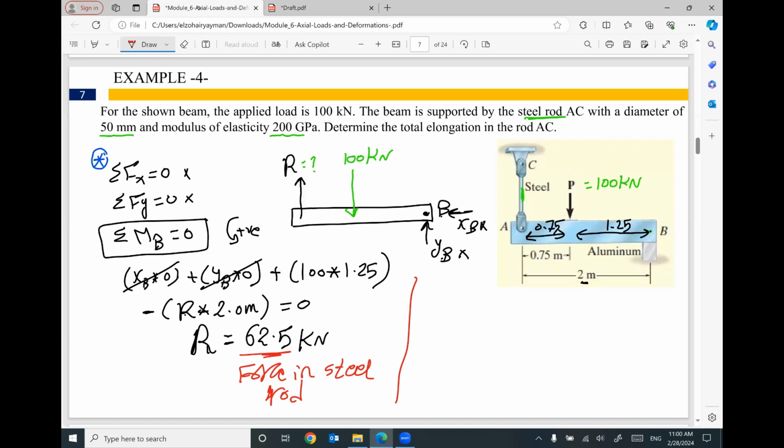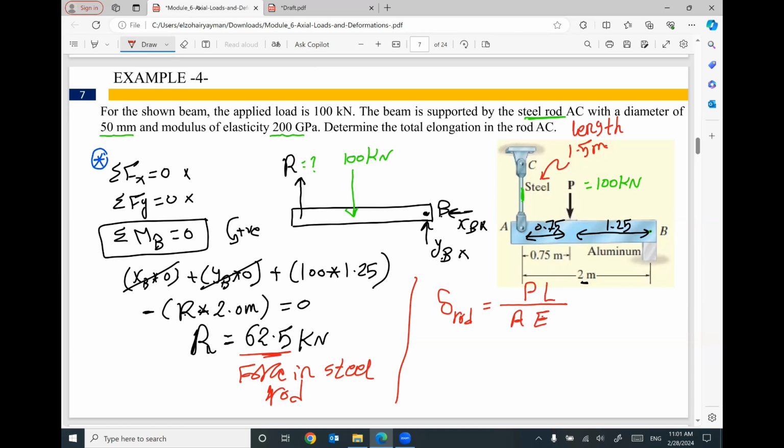To figure out the elongation in this steel rod, it equals PL divided by AE. I think we are missing some information here: the length of this steel rod is not given, so I'm going to assume it's 1.5 meter.